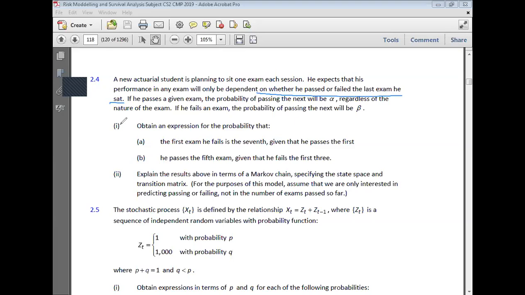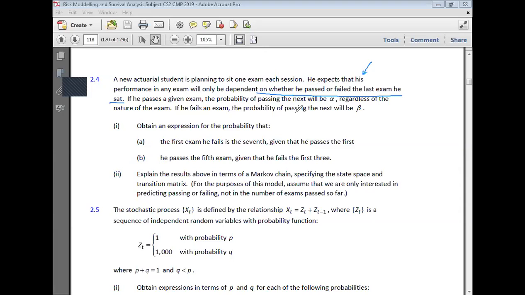Okay, so now what information do you get in each of the sentences in this question? Let us try to decode that. Is there any information in the very first statement that we can use in terms of math? So we only know that there is one exam per session.